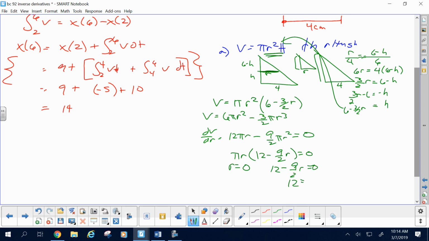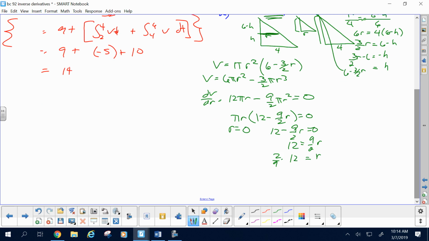which is to say 12 equals 9 halves r, or r is 12 times 2/9. Or 16/3. Wait, 3 goes into 12 4 times, not 8 times. You think so? 3 goes into 12.